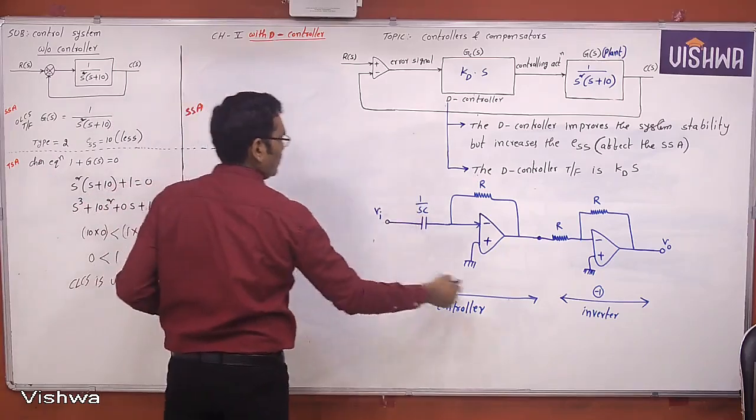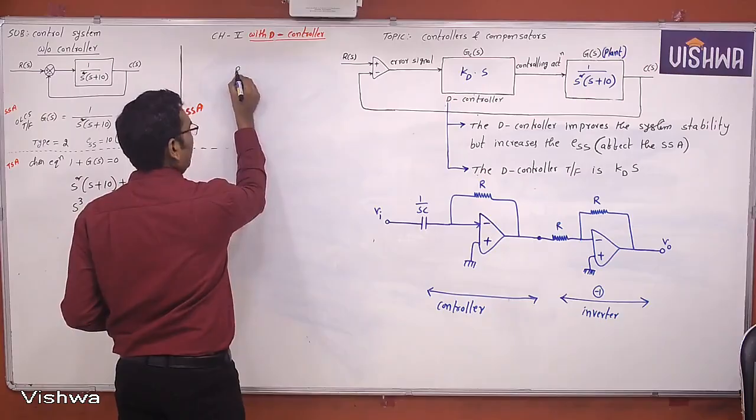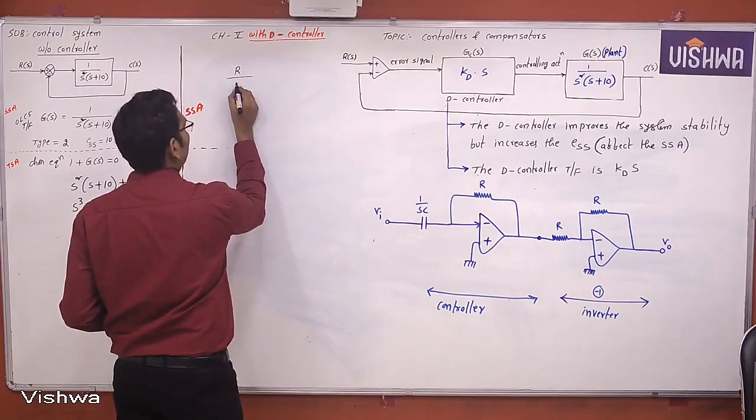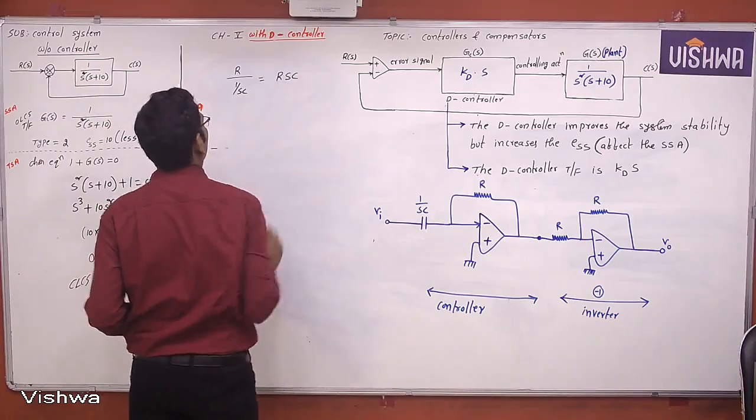What is this control transfer function? R by 1 by SC, which is equal to RSC.